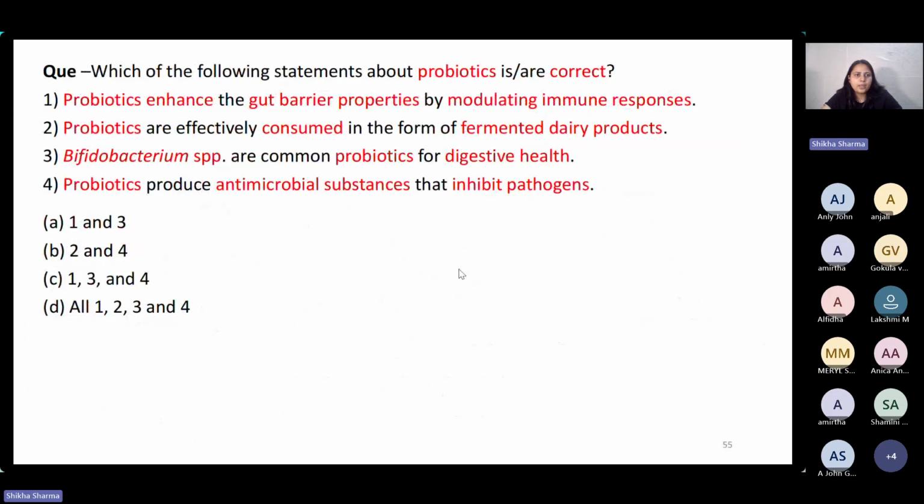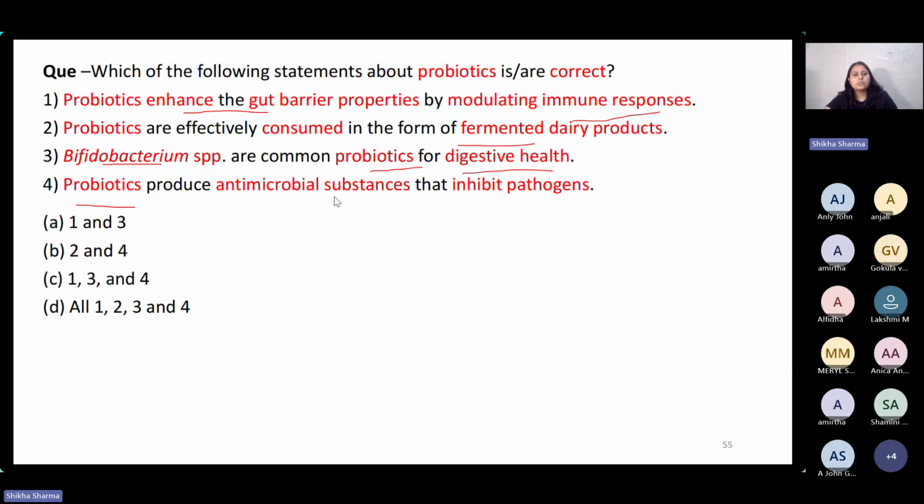Okay, now let's discuss probiotics. Which of the following statements about probiotics is correct? First, probiotics enhance gut barrier properties by modulating immune responses. Second, probiotics are effectively consumed in the form of fermented dairy products. Third, Bifidobacterium species are commonly used probiotics for digestive health.